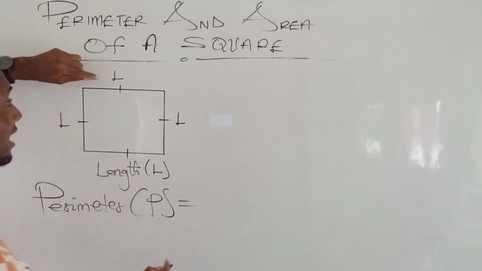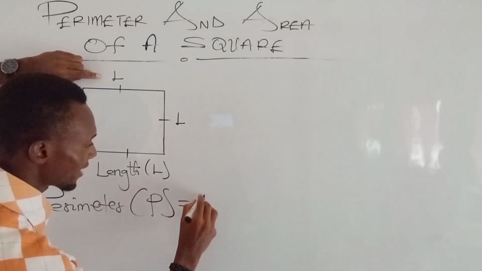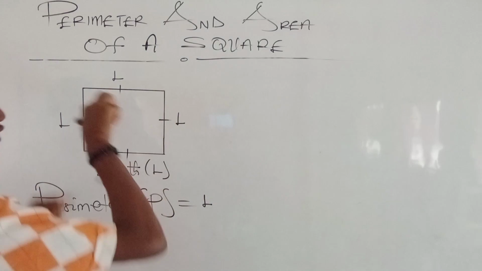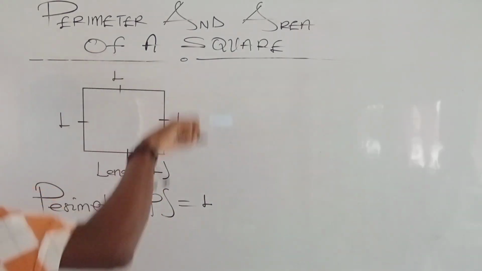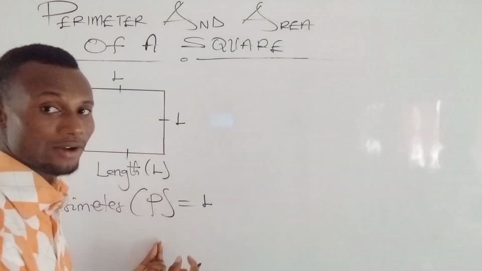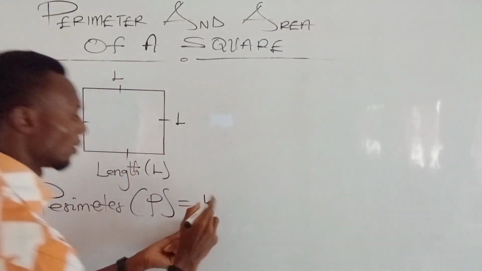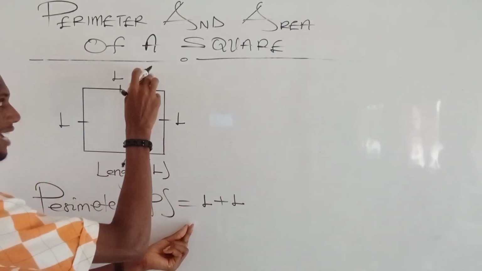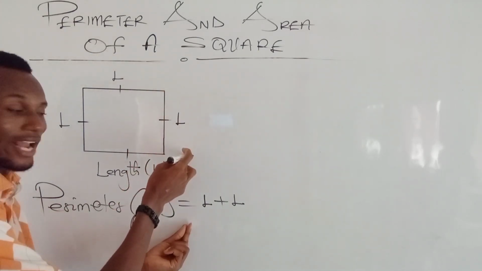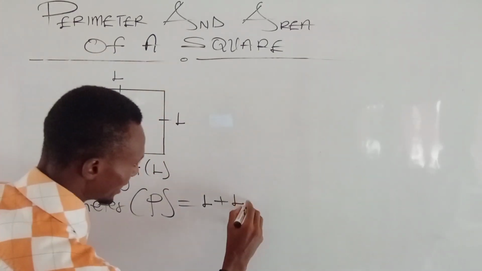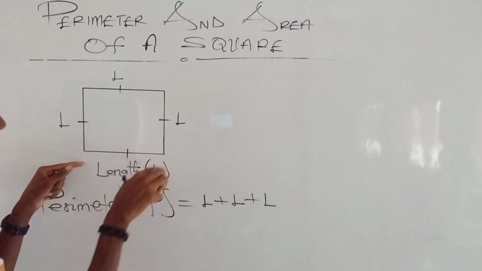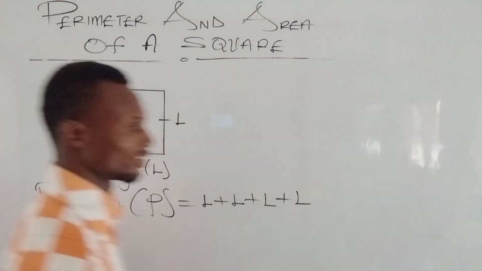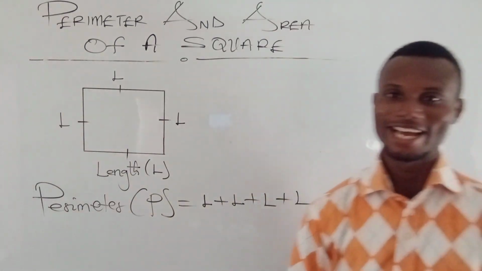So let's start from the top here. I have L here, then it means here is also L. I'll add it to this side because we will add all the distance around it to get the perimeter. So this L plus the L here, the distance here plus the distance here plus this distance at the bottom here, then plus the distance here, so plus another L. Please hope you are following and you get the explanation.